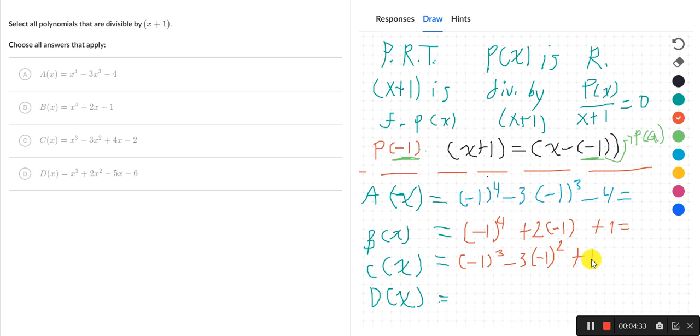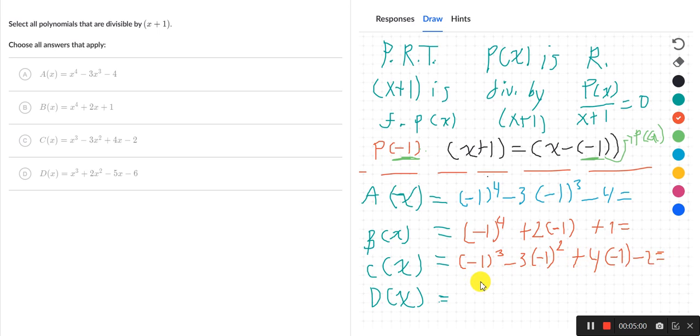Plus 4. Guys, sometimes I will make mistakes in regards to how I describe these polynomials. Please take a look at what I'm doing so that you better understand what's going on. If I make a mistake, if I call a variable a number, please ignore that and just focus on what I'm doing.